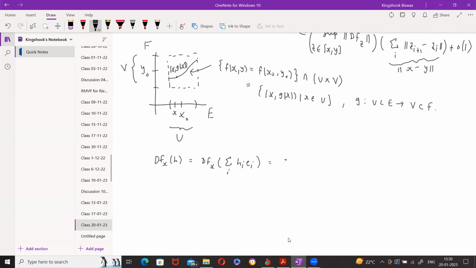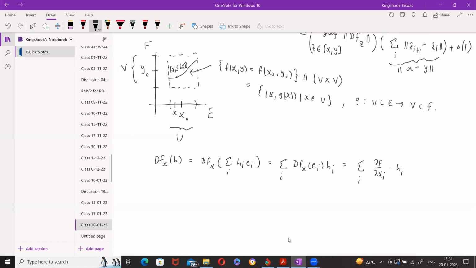So this is summation df_x e_i into h_i by linearity, and df_x e_i is nothing but the partial derivative, del f del x_i. So you get the first order Taylor polynomial. This is a linear polynomial, right? This is summation over i del f del x_i into h_i.